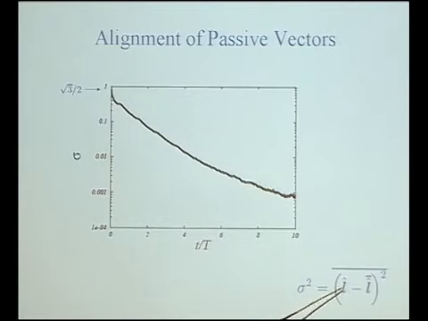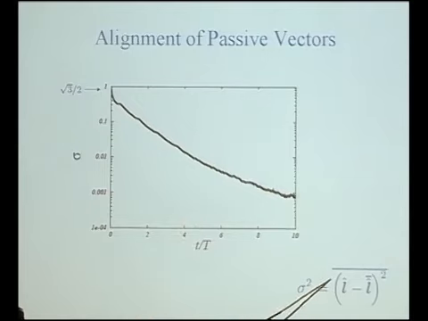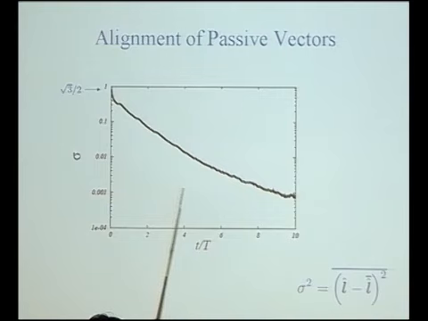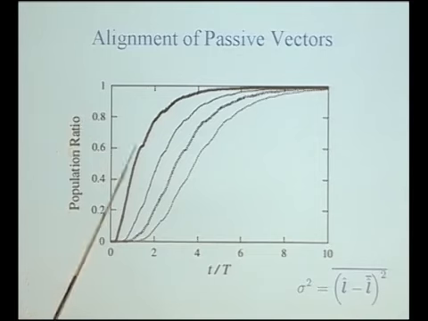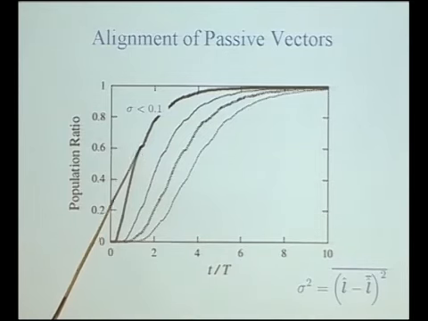We calculate the standard deviation of the direction vector, which is a unit vector, averaged over 5,000 sets. And this is the result. This is time, and this is the standard deviation. It decreases very quickly, which means the passive vectors align very quickly.